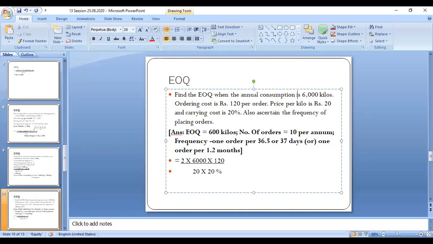Also ascertain the frequency of placing orders. This is the same as the previous case.